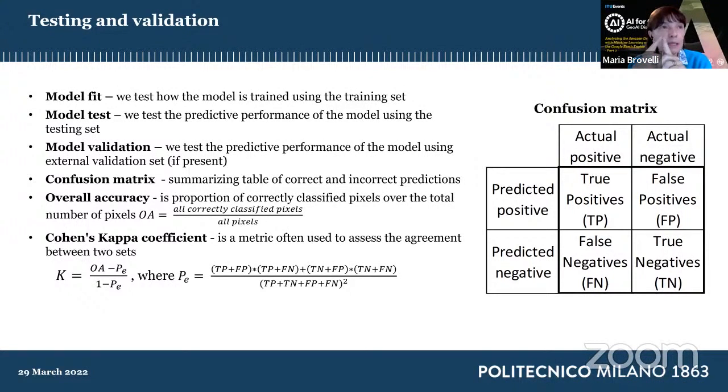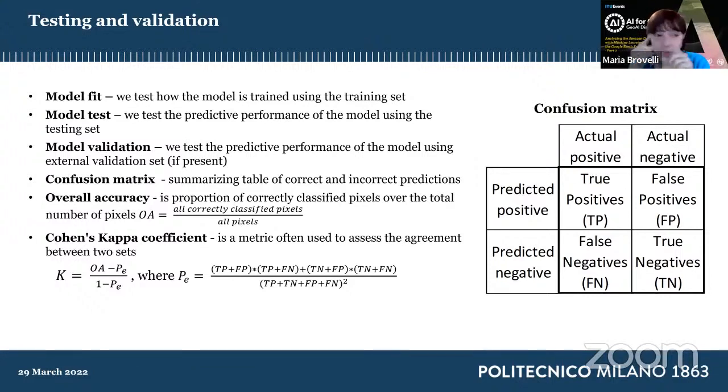Then we can verify the model test. So we can test how the model is able to predict our data, and we do that using the testing set. And then we can also use this external data set for doing the model validation.